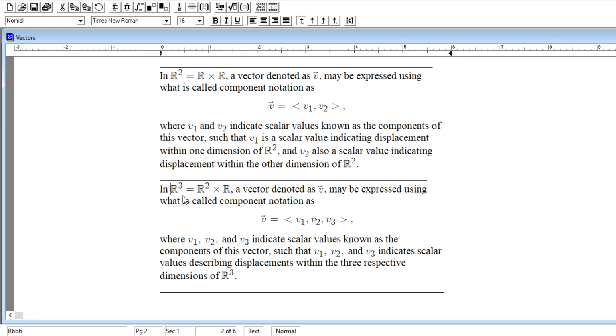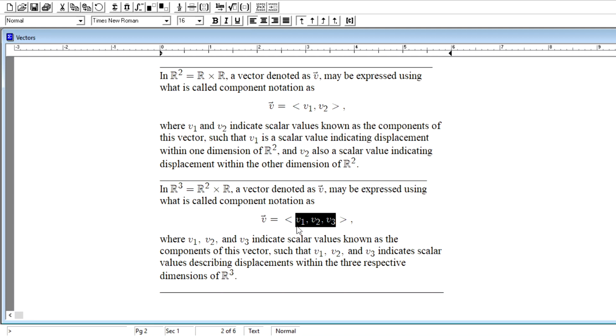If we think about our space being defined by x, y, and z, the first component will be what we call the x component. The second component might be what we call the y component, and the third component might be referred to as the z component, where again those components are just scalar values representing displacement within the three respective dimensions of our three-dimensional space.